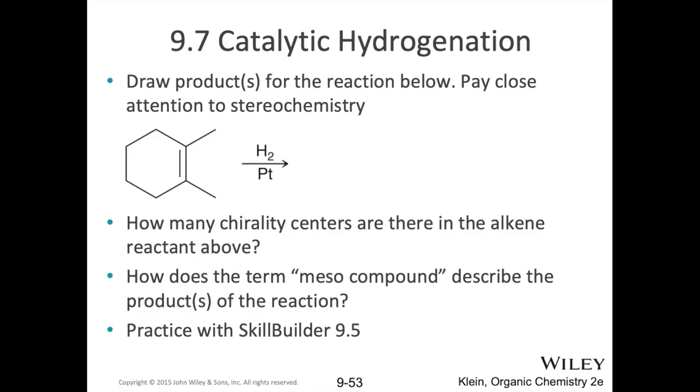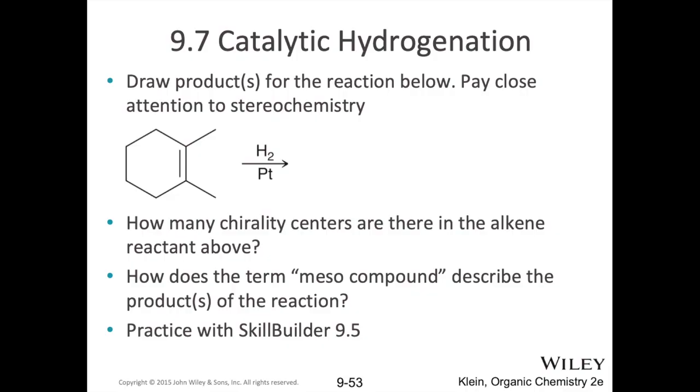Okay, so if we were to add hydrogen across this double bond, again, we want to do a syn addition, and so these two methyl groups would be cis to each other. They'd either both be pointing towards us, shown with solid wedges, or they'd be pointing away from us with dashed wedges, but they would still be cis to each other.